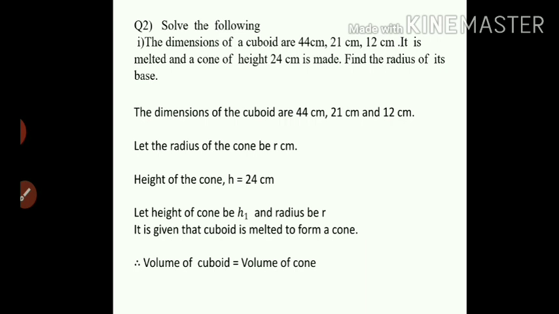But for cone we are saying that let height be h1, so in place of h we'll write h1. Now see, I am substituting the values, that is volume of cuboid is length into breadth into height, means 44 into 21 into 12 is equal to, formula for volume of cone is 1 by 3 pi r square h1, height 1.